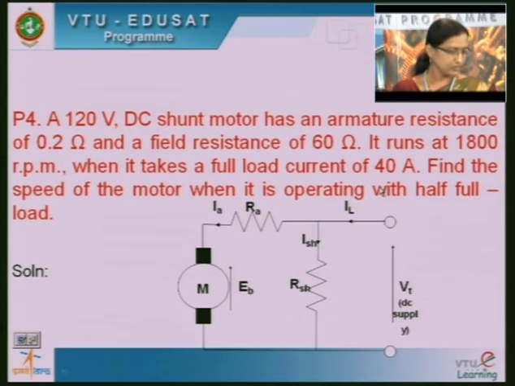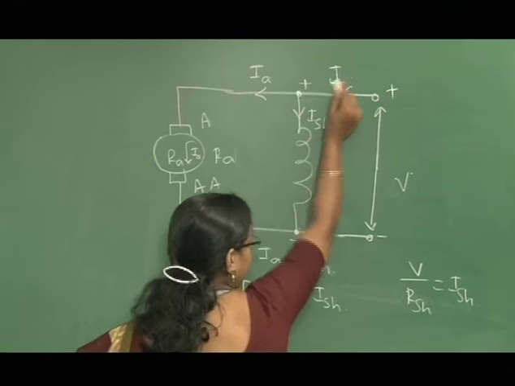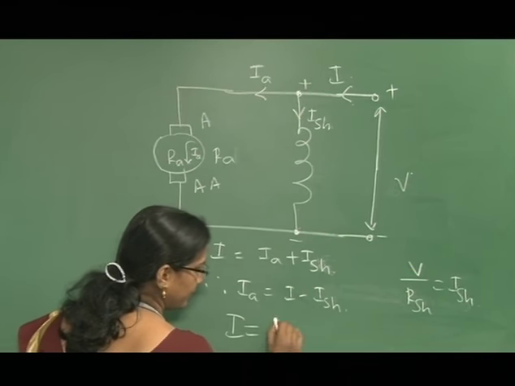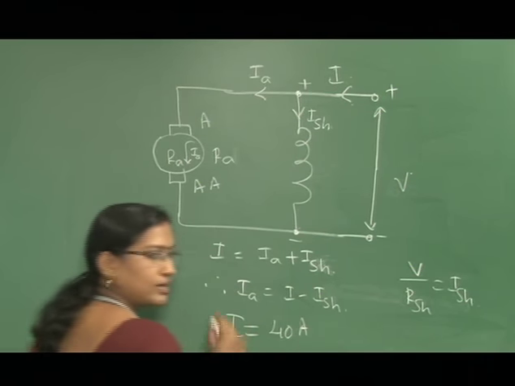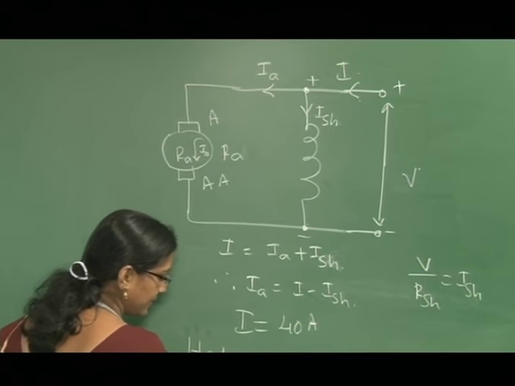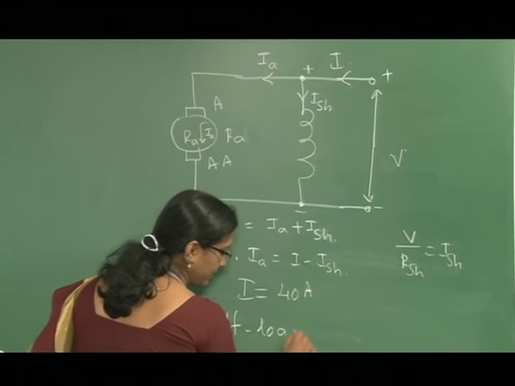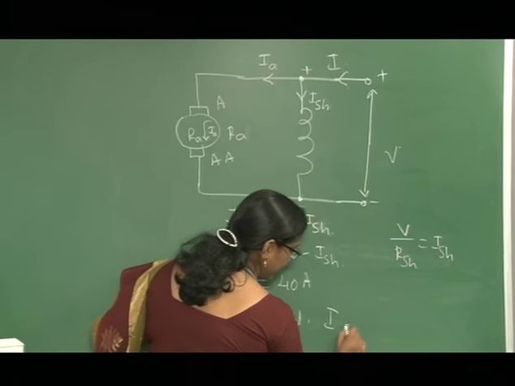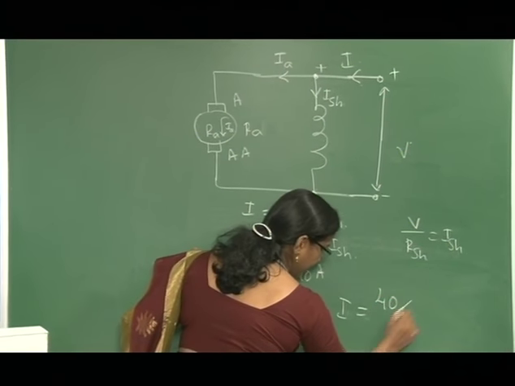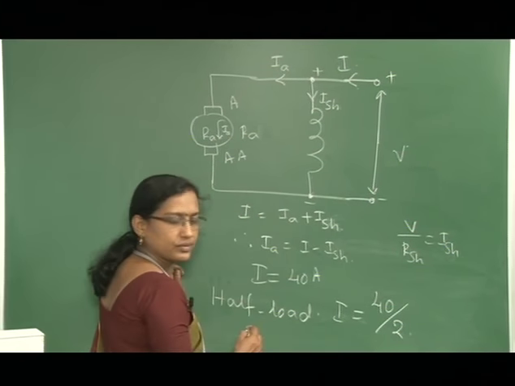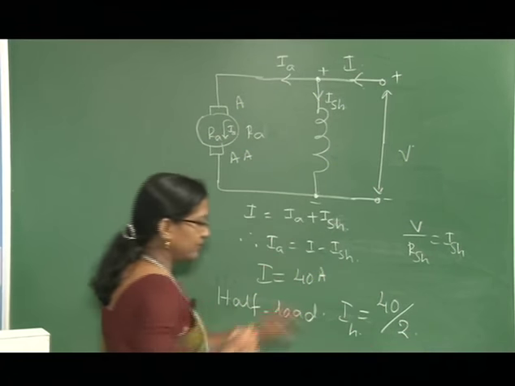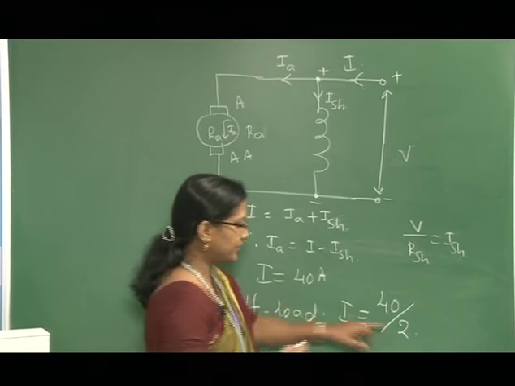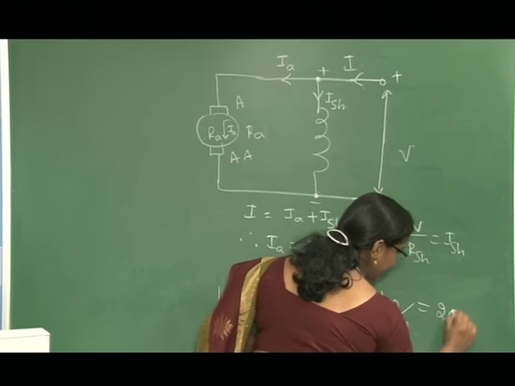Here, the load you are going to consider in terms of the current. The current given at full load is 40 ampere. Under half load condition, the motor is taking half of the full load. So, that is why at half load we are considering I_H is equal to 40 divided by 2, which is 20 ampere.